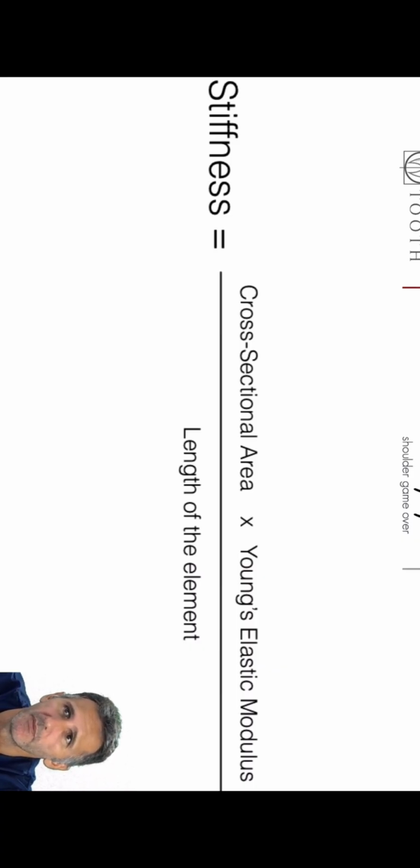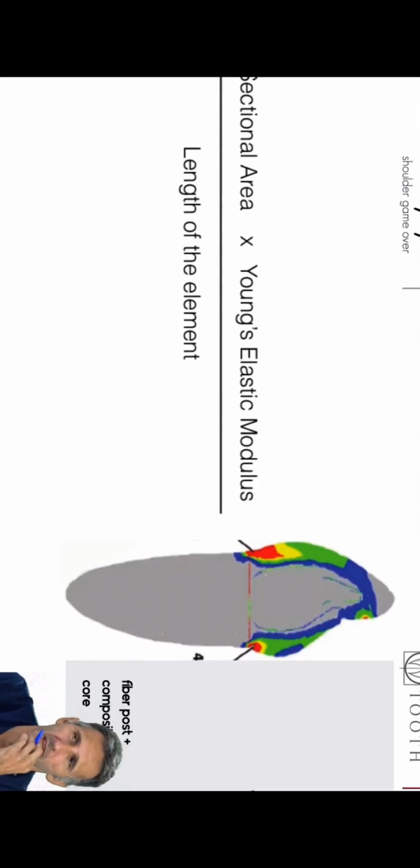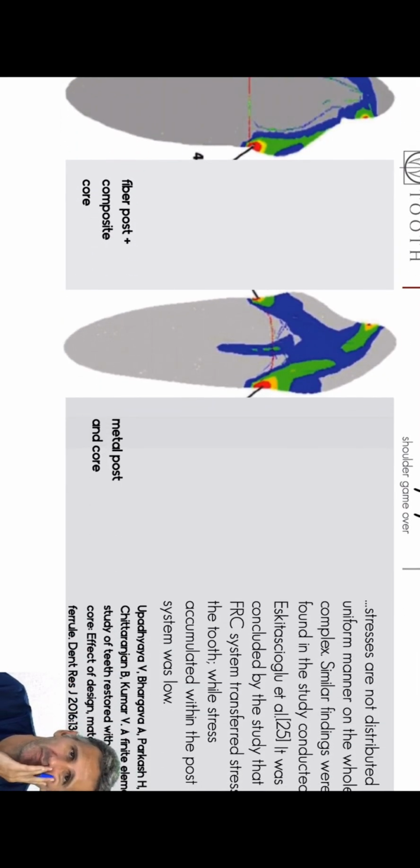Cross-sectional area times Young's elastic modulus, over the length of the element. But the problem is that fiber posts are thin in comparison to the thickness that we want. And also they rely on adhesion. And relying on adhesion is a problem, because adhesion is something that suffers from aging over time, especially when there is some mechanical loading.